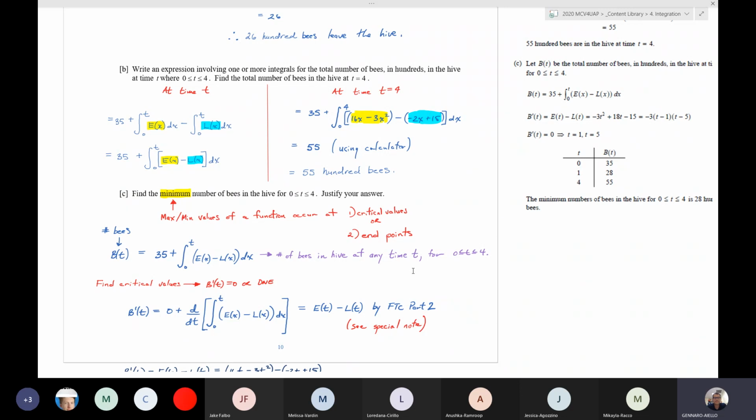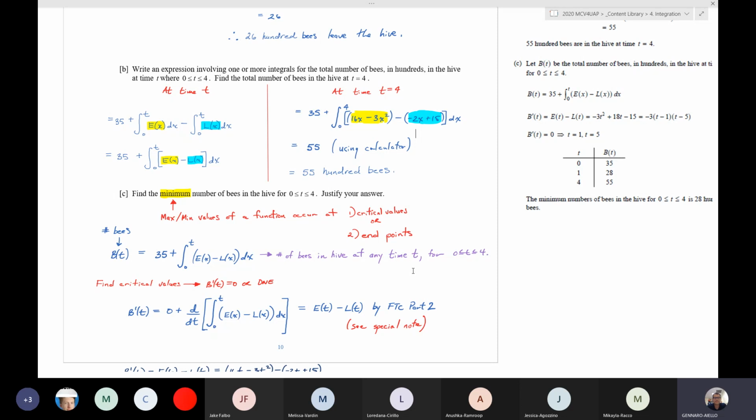At the endpoints of the function, which in this case would either be at t equals 0 or at t equals 4. But you might also have your absolute minimum or maximum value at a critical value. Now, what's a critical value? Well, critical values occur where the derivative is either equal to 0 or the derivative doesn't exist.